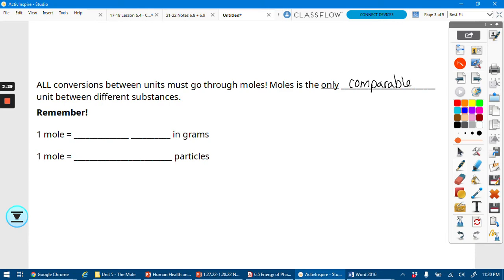So as a reminder, 1 mole is equal to your molar mass in grams. That's why we can use our molar mass as a conversion factor. And then also 1 mole is equal to 6.02 times 10 to the 23rd particles.